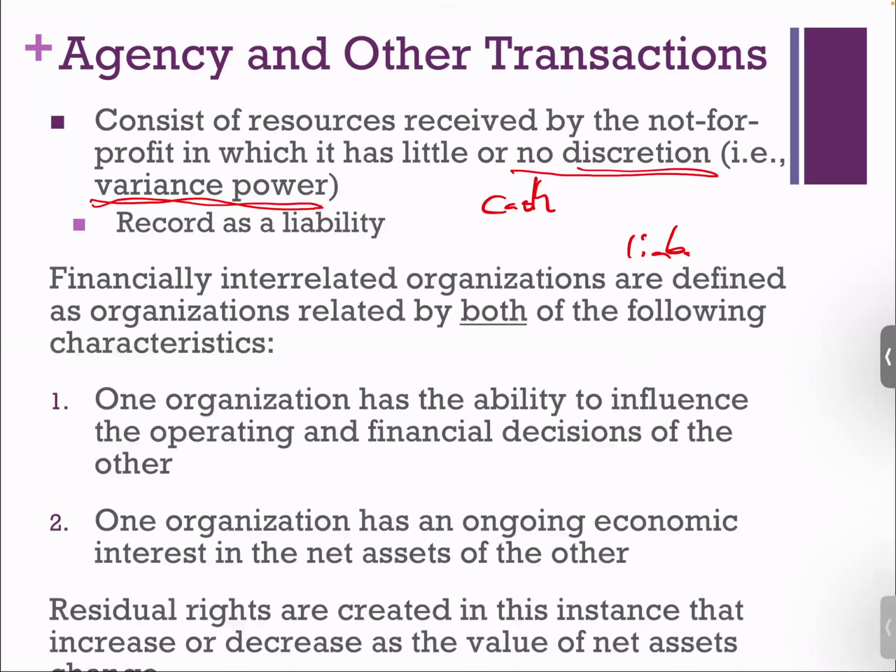Okay, now the other concept is financially interrelated organizations. This concept is where we have a parent company, and the parent company may have a whole bunch of subsidiaries. In this case, the parent company does have control over all of these subsidiaries, and so both things have to exist. They have to have the ability to influence the operating and financial decisions of the other entities, and also the entity has to have ongoing economic interests in the other entities.